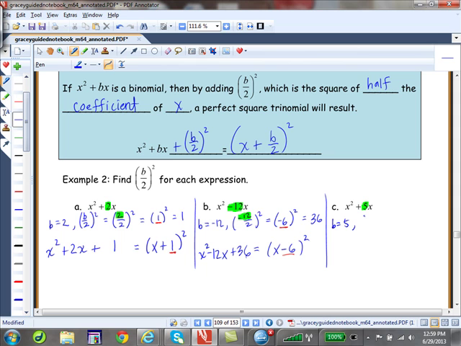So we have 5 over 2 squared, which is 25/4. So what we have is x squared plus 5x plus 25/4 is equal to x plus 5/2 squared. So we had a positive 5/2 here, so we didn't need to adjust the sign in the middle.